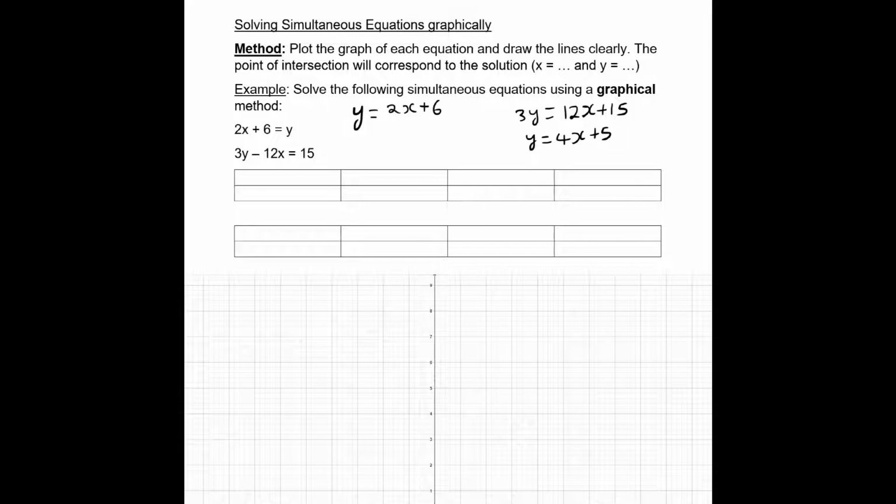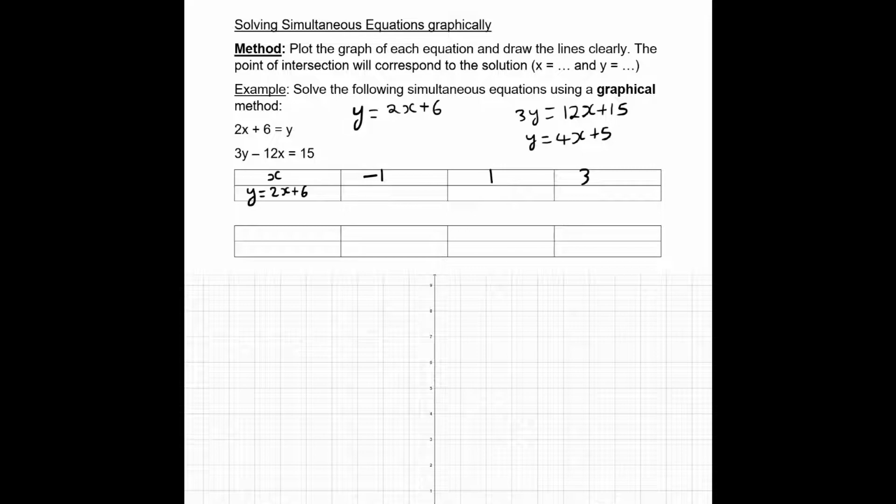I'm now going to plot these equations using the tables to help me. So if I want to plot y equals 2x plus 6, I'm going to put x and y into the table. And I'm going to choose some values of x. So for example, I could choose minus 1, 1, and then 3.